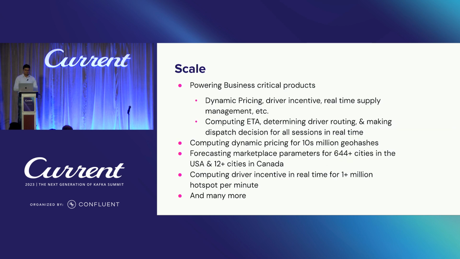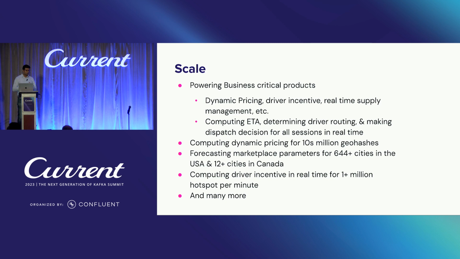Then let's talk about the scale at which we are currently working. We are powering business critical products like dynamic pricing, driver incentive, real-time supply management. And then we are also computing ETA, determining driver routing, making dispatch decisions, and all of them are done for all the sessions in real time.